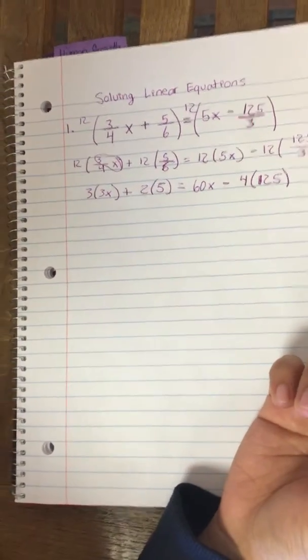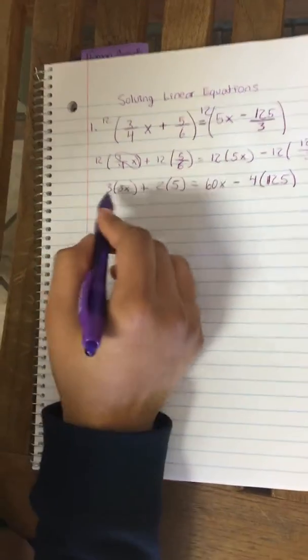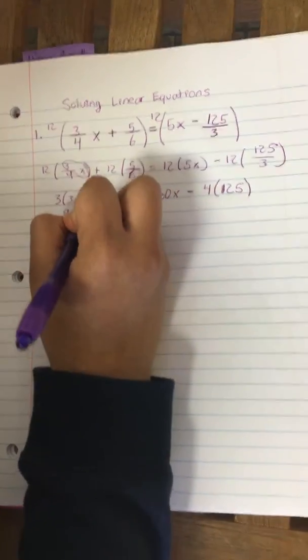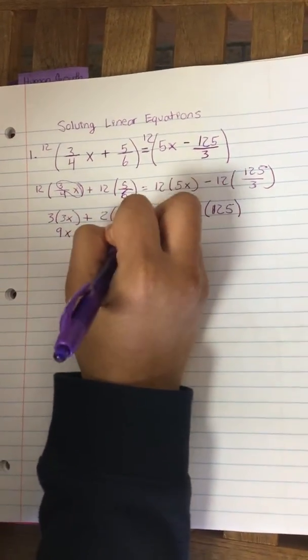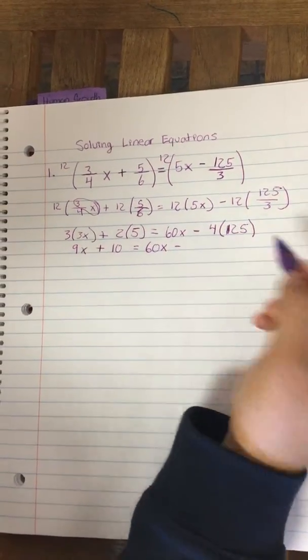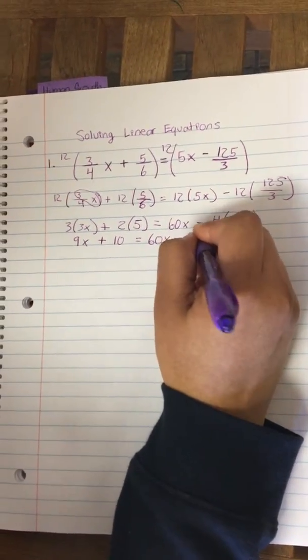You would do the multiplying now. Okay, so 3 times 3x would be 9x, correct? Plus 10 equals 60x minus, what would 4 times 125 be? 500. 500, okay.